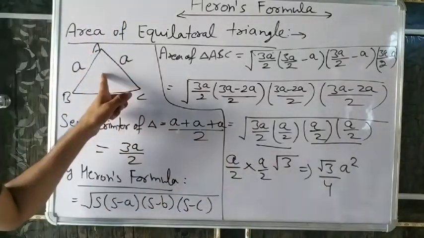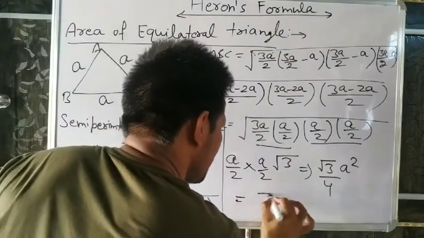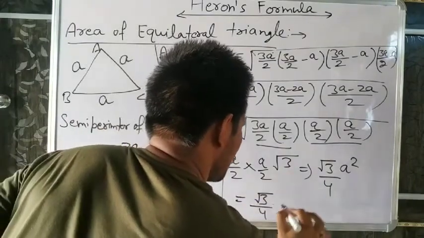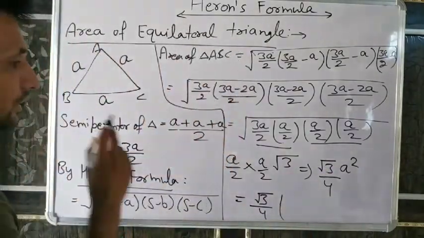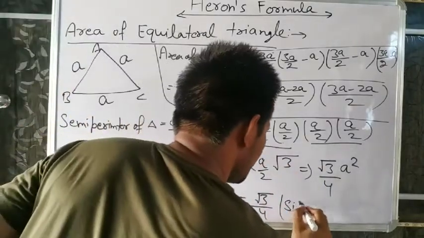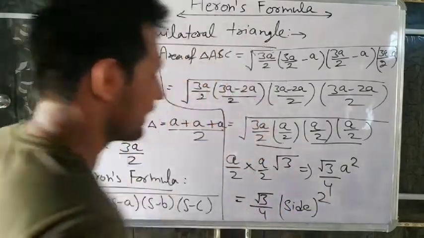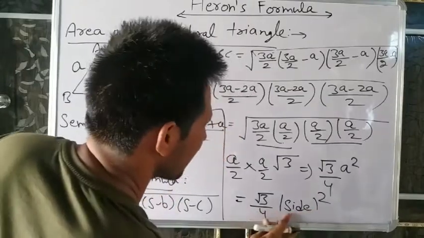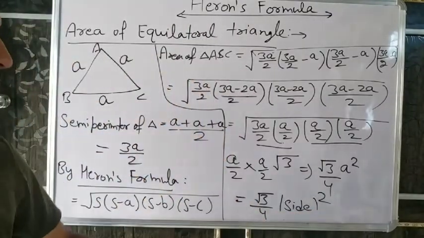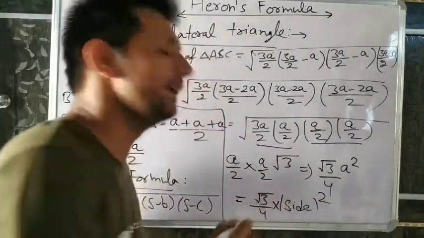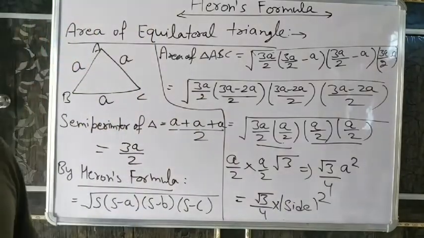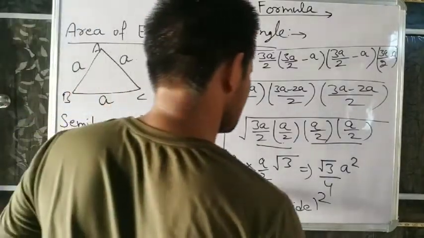Here A is the side. So you can write root 3 by 4 side square. Understand? What will we write? Root 3 by 4 multiplied by side square. Always remember this formula.